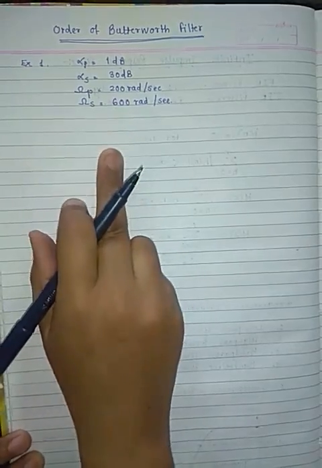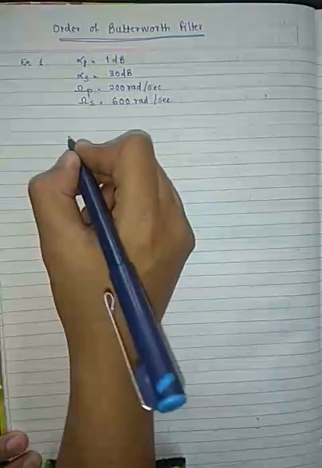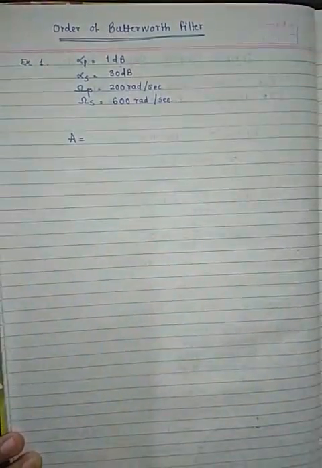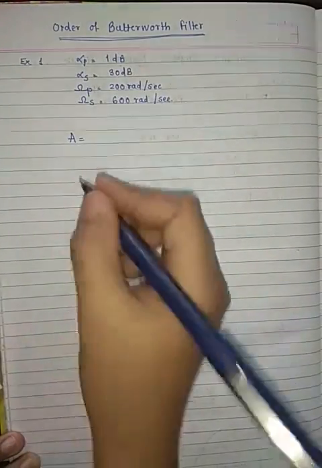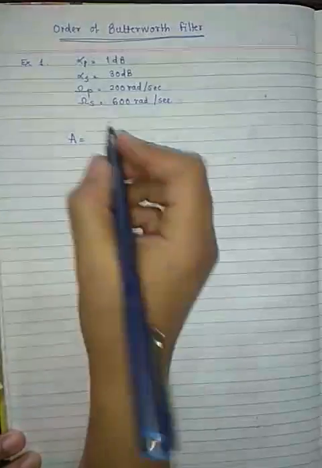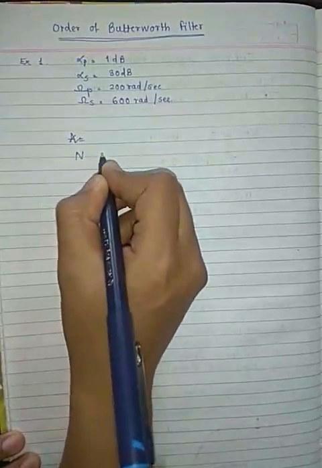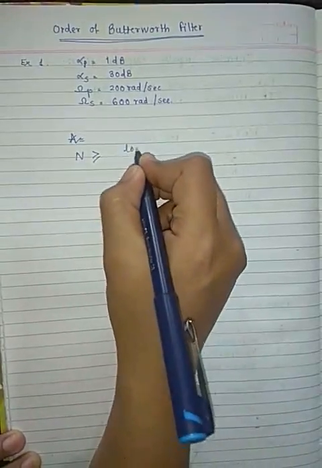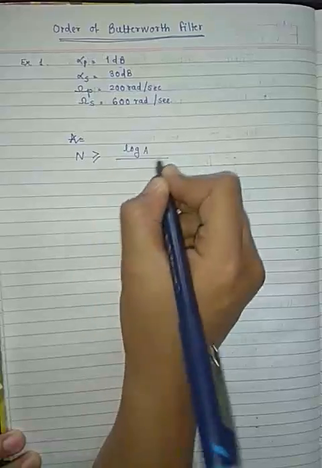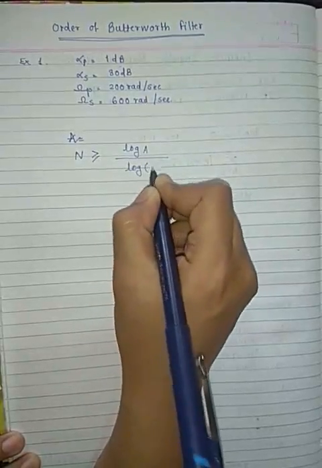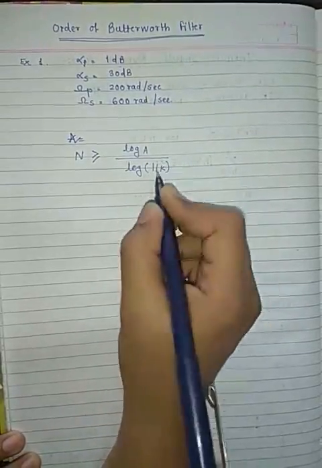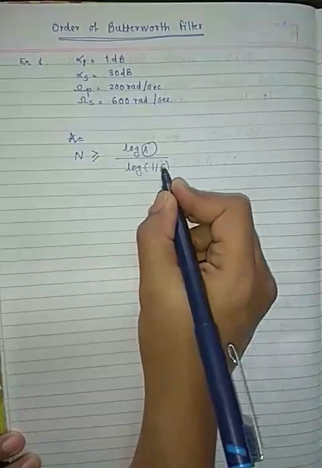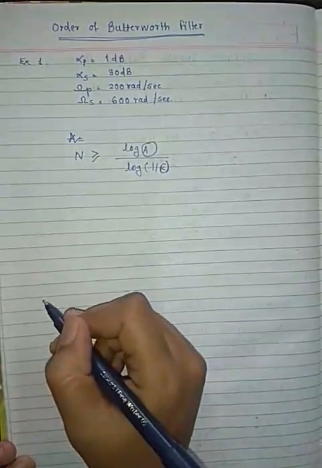Now, as we have discussed in our earlier session, the order of the Butterworth filter is given as n greater than or equal to log of A divided by log of 1 by k. So firstly, we have to determine the value of A and the value of k.